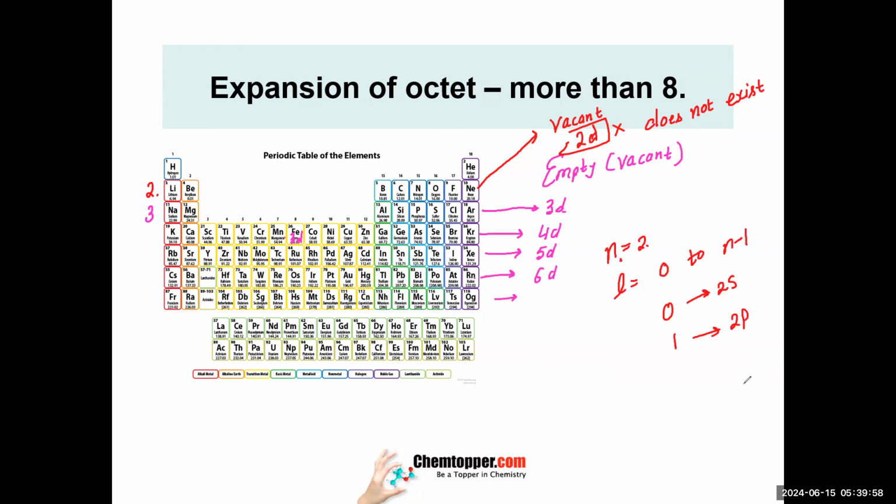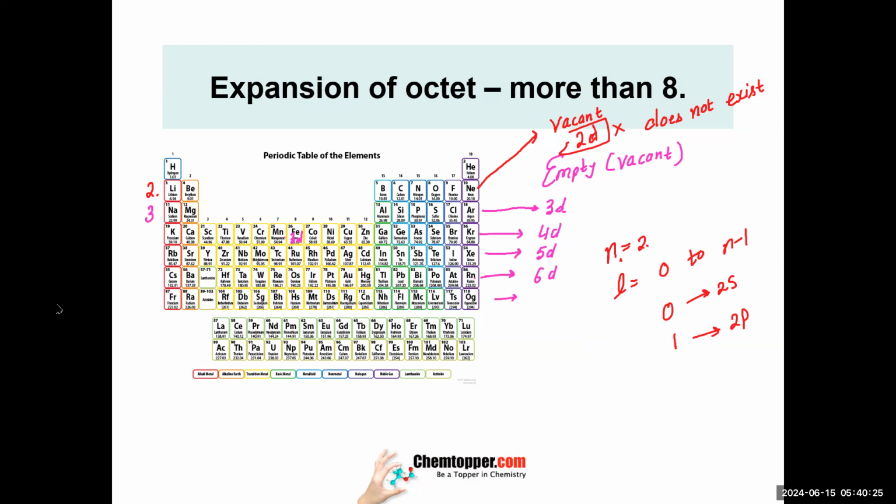There is no 2d. Okay, this is a very important question. Elements of the second period cannot have expanded octet, and elements after the second period, third period and onwards, can have expanded octet because of the presence of vacant d orbitals.